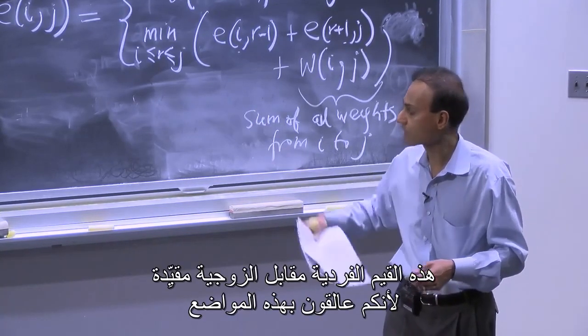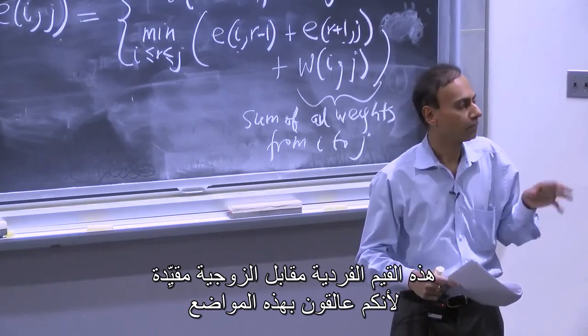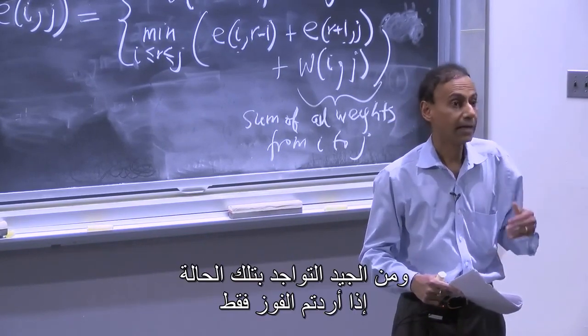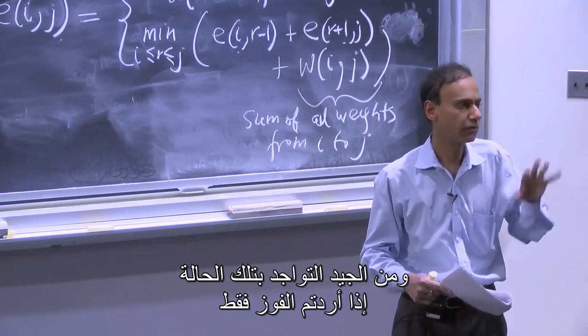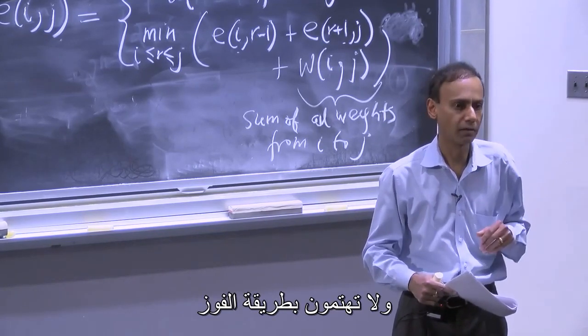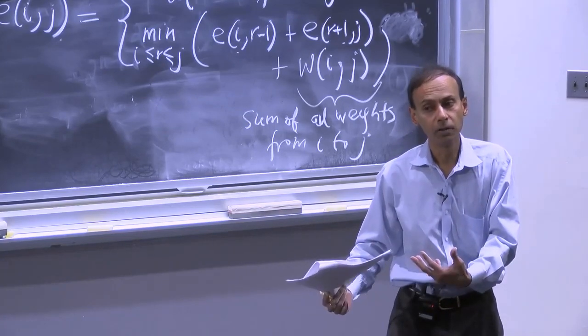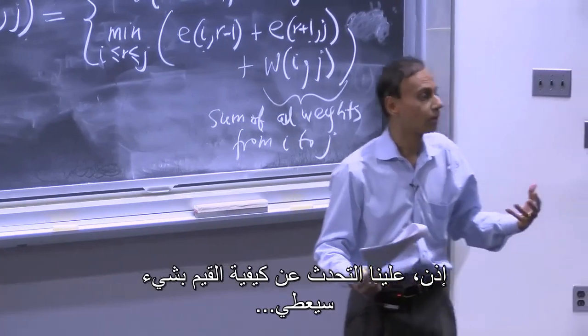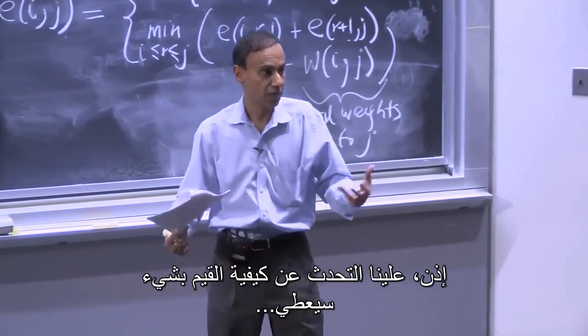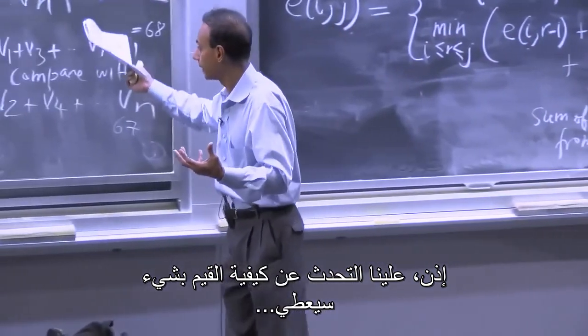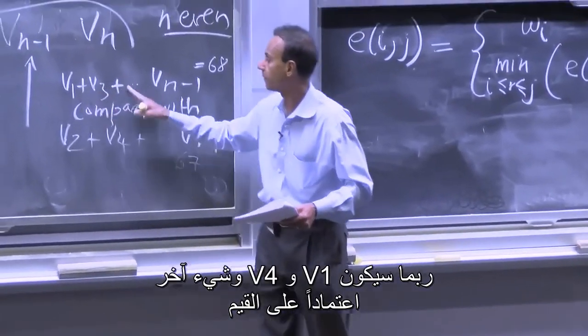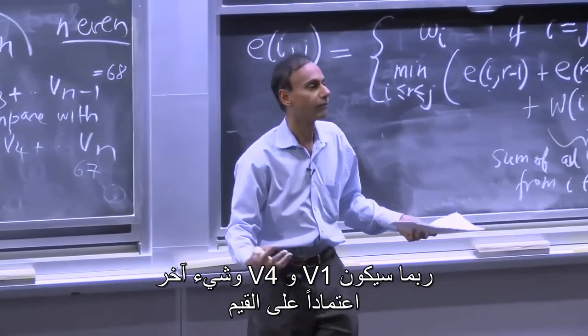This odd versus even is a bit constraining because you're stuck to these positions, and it's good to be in that situation if you just want to win and you don't care how you win, right? But if you want to maximize, then it's a more complicated problem, right? And so we have to talk about how you would do something that would give, maybe it would be V1 and V4 and something else, depends on the values.